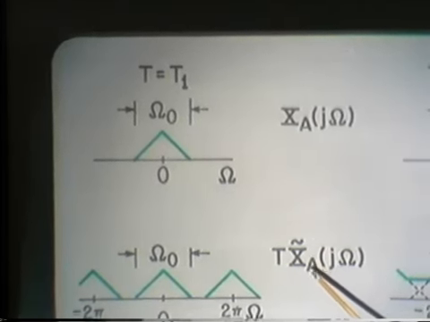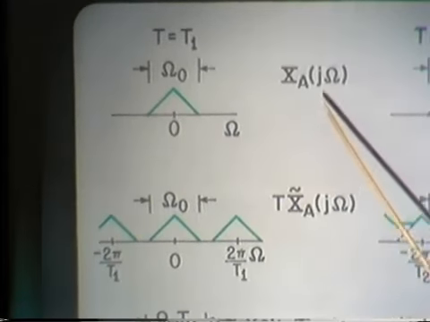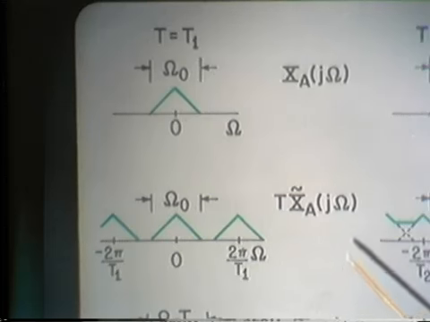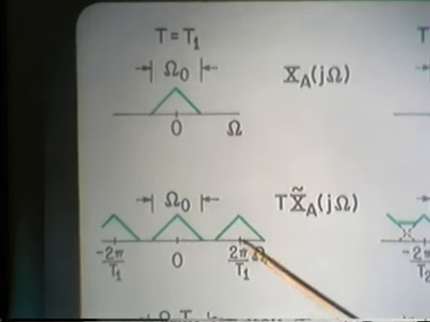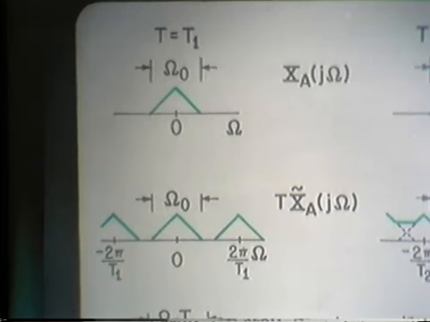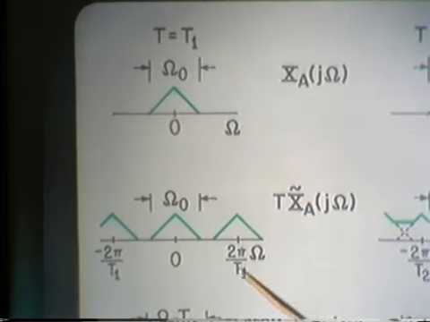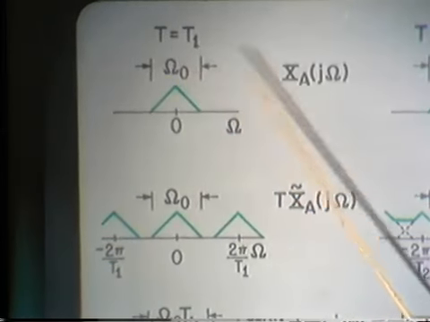Well, first of all, we derived the fact that the impulse train that results from sampling x sub a of t has a Fourier transform which is this, periodically repeated in frequency with a period in frequency equal to 2 pi divided by capital T1, where capital T1 is the sampling period.